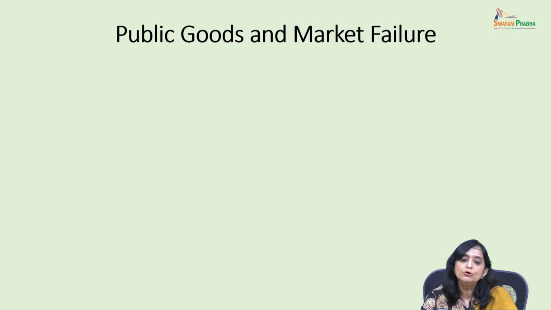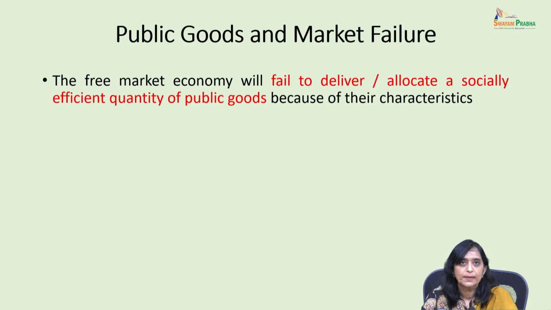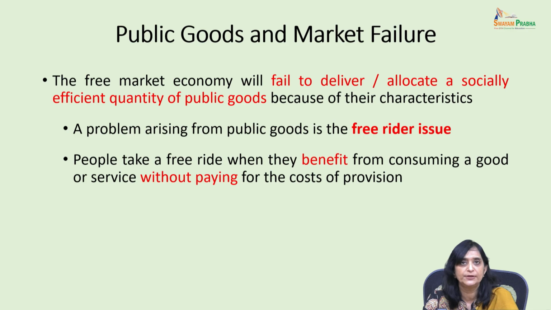Now, how do public goods and market failure come into the picture? When we are talking about a free market economy, we say it will fail to allocate a socially efficient quantity of public good because of their characteristics of non-excludability and non-rivalry.